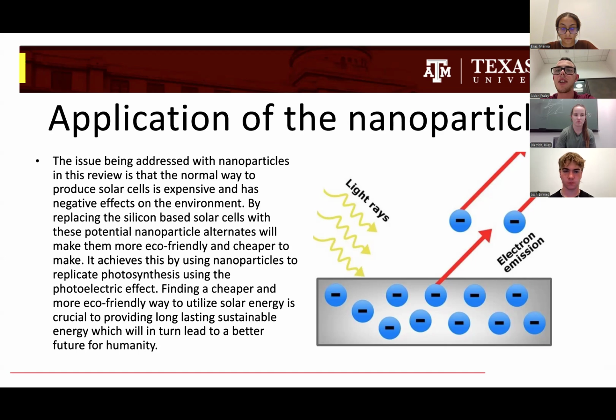Photoelectric effect, in essence, is when light hits a metal and it causes electrons to come off of that metal. And in this instance, those electrons that come off can be utilized by us to create energy. Finding a cheaper and more eco-friendly way to utilize solar energy is crucial to providing long-lasting, sustainable energy, which will in turn lead to a better future for all of us.